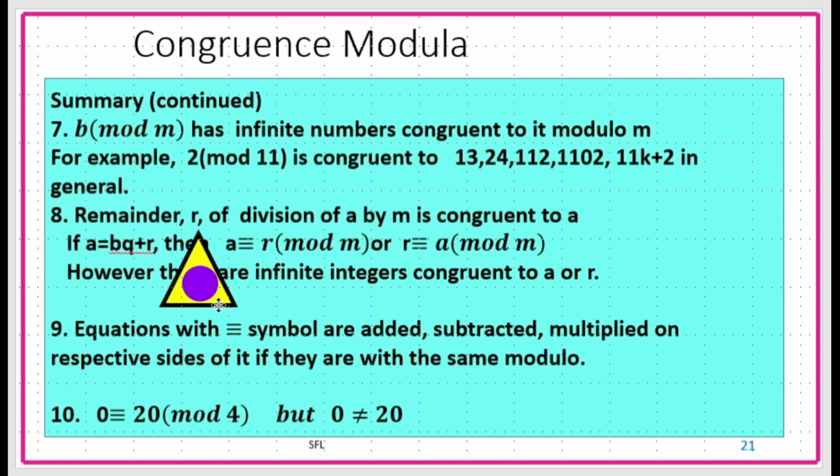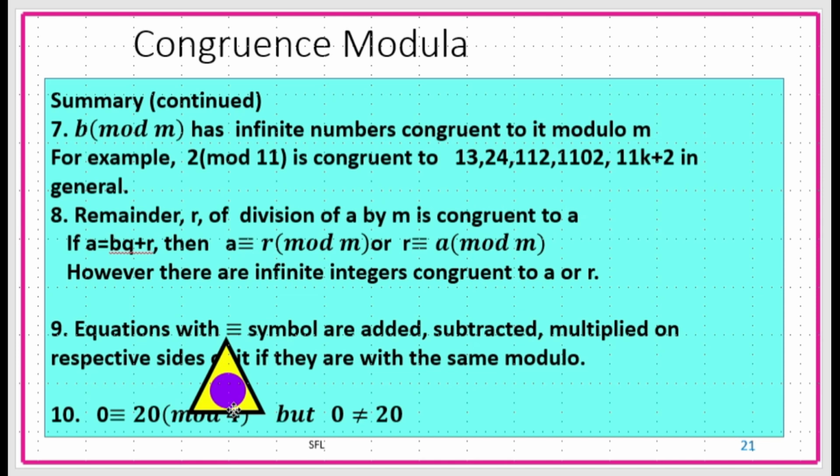Remainder R of division of A by M is congruent to A. If A equals BQ plus R, then A is congruent to R mod M or R is congruent to A mod M. However, there are infinite integers congruent to A or R with the same modulo M.